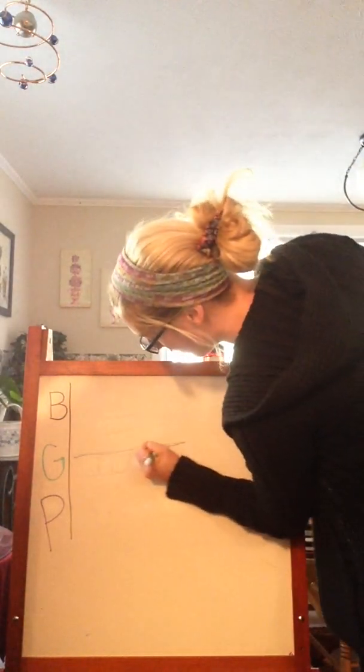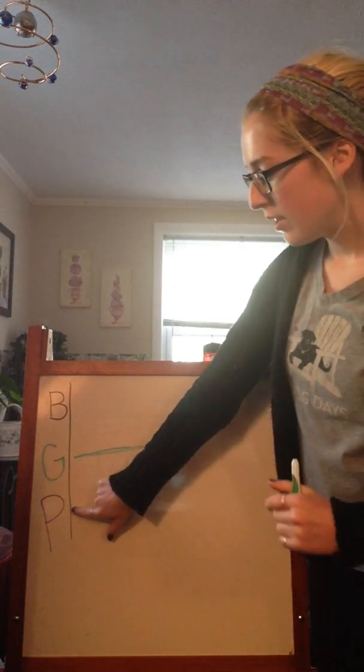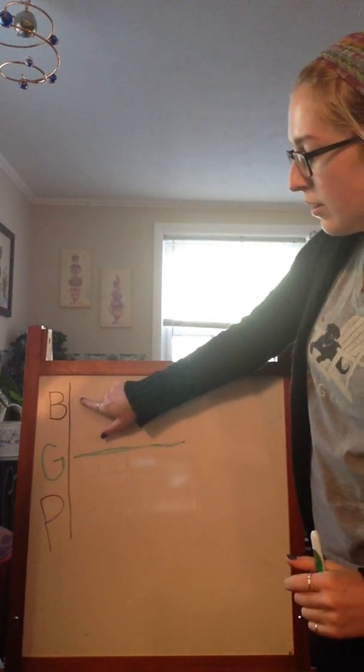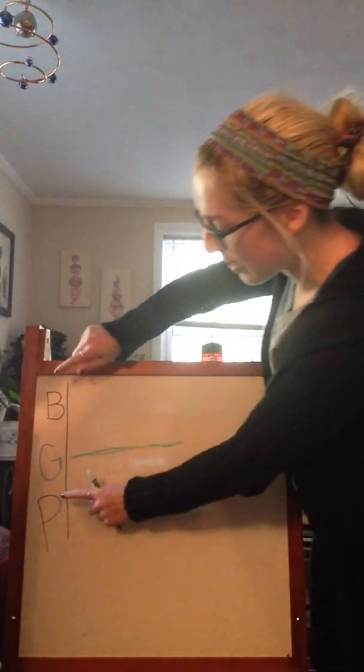The green one has to be the longest because this one is longer than this one, but this one is longer than this one, which means this one is longer than both of these. So if I draw this in, the green pencil is longer than the orange pencil.